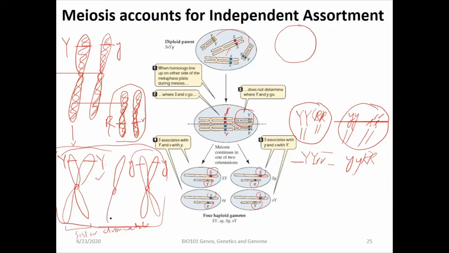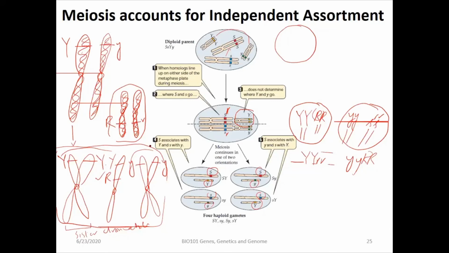What if yellow is here, round is here, if they're on the same chromosome? Mendel could not understand, because at the time of Mendel there was no concept of chromosomes. There was no association between genes and chromosomes.